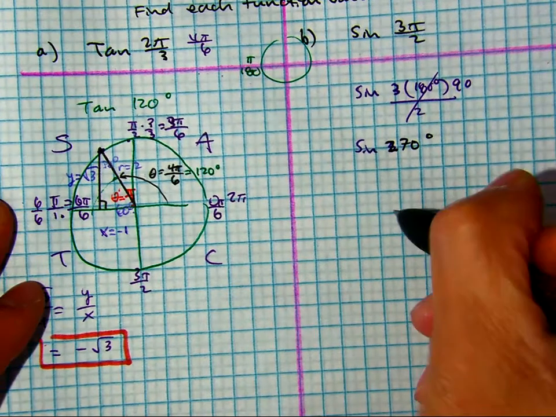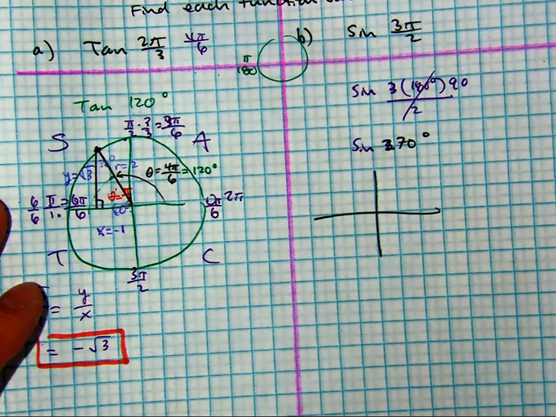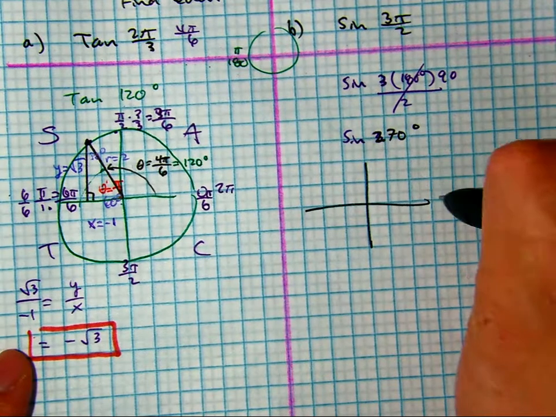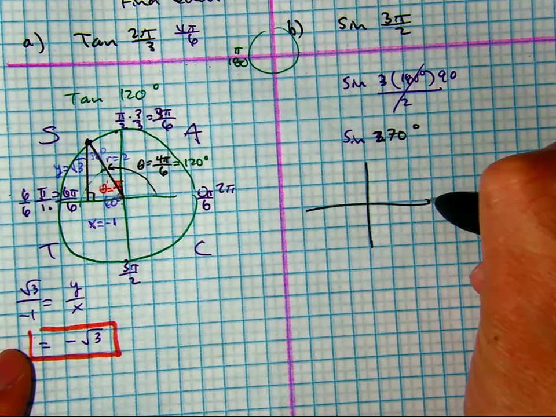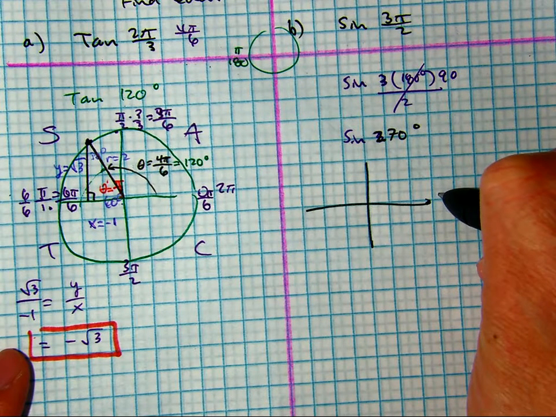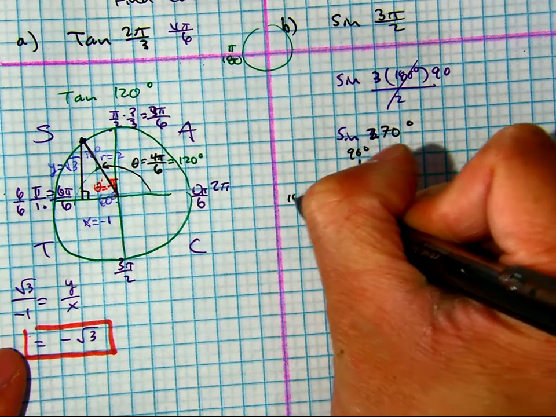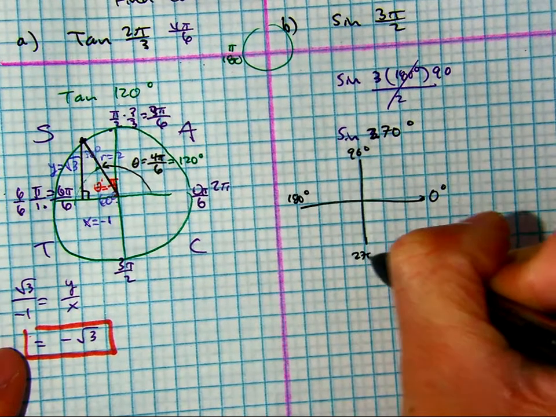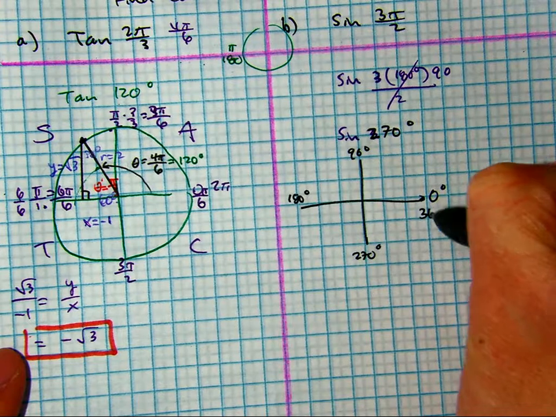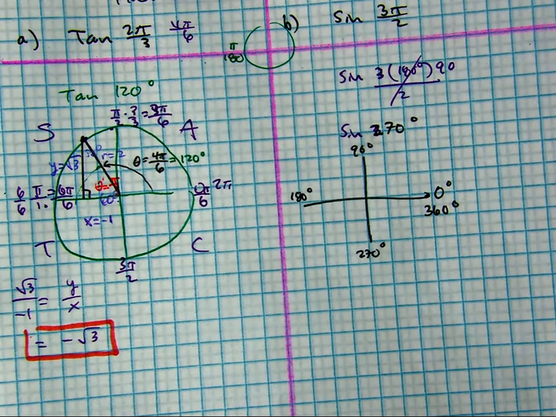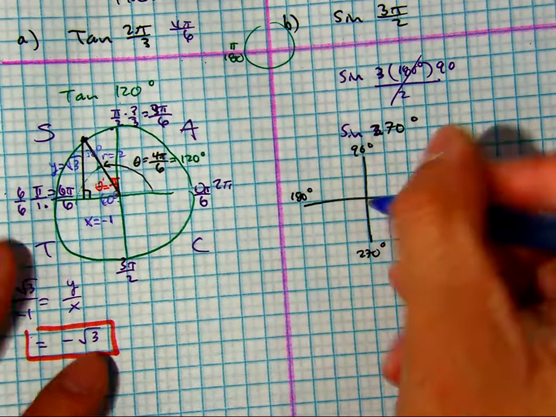So if I draw where 270 degrees is, class, tell me in degrees from here. Class, do I need a coterminal angle here? No, because I end up right there.